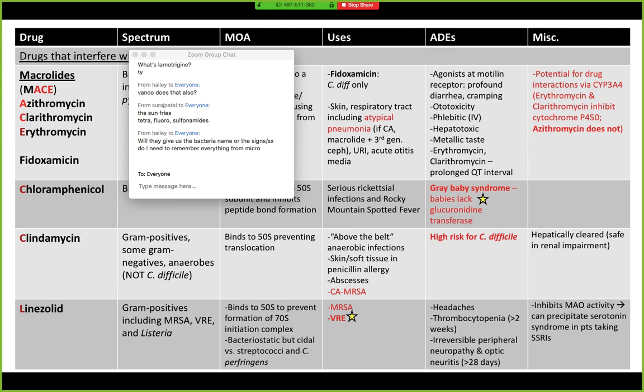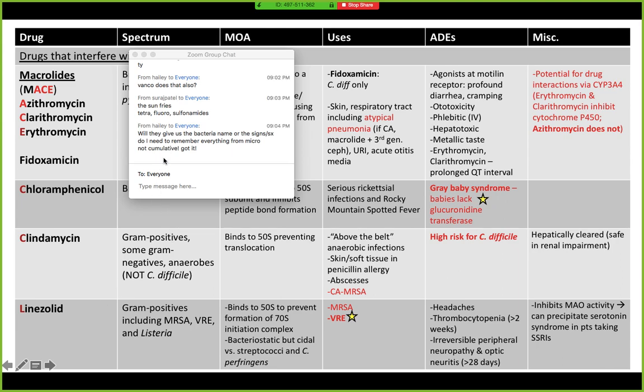You know what I mean? They're not going to be like, the bacteria is oxidase positive, blah, blah, blah, all the small details. Yeah, like I said, Dr. Beaver is very fair. I would try to remember something, but she's not going to get you on the small details of micro. Definitely not.